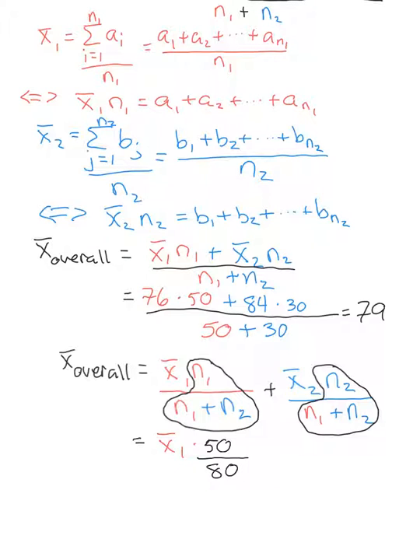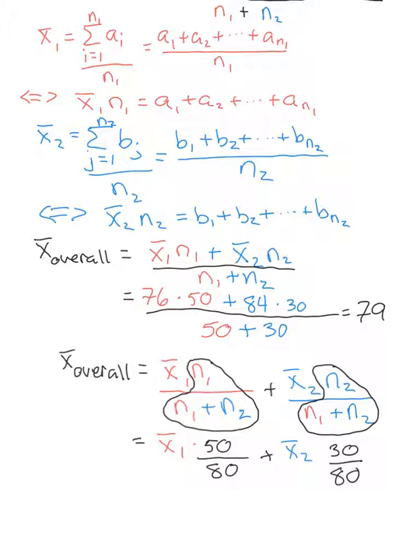And we're going to also have this second part, which is going to be x bar 2 times 30 over 80, where the 80 in the denominator is just the sum, or the total number of students in all the classes. So as you can see, if you add up 50 over 80 plus 30 over 80, you're going to get 80 over 80, which is 100%.